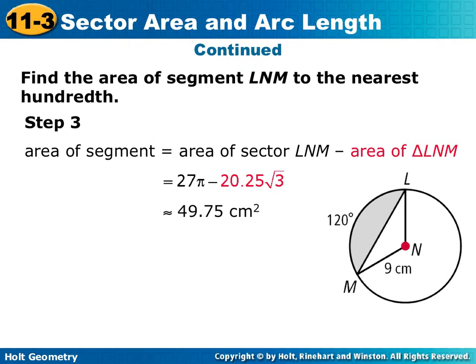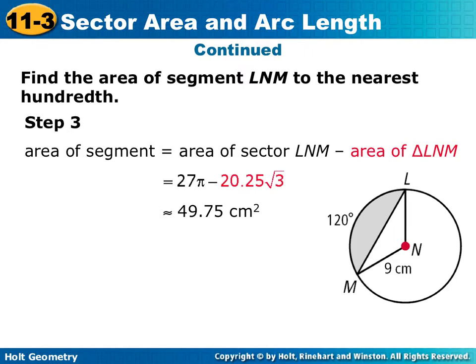Nearest hundredth shows me 49.75. So it's coming out right. We need another sample. And we don't want to have to. All right, let's do the last little part then.